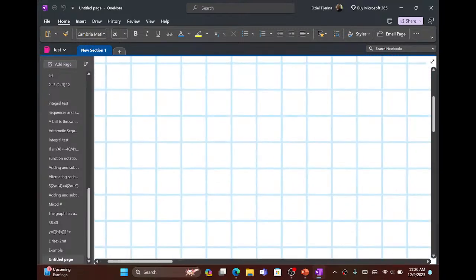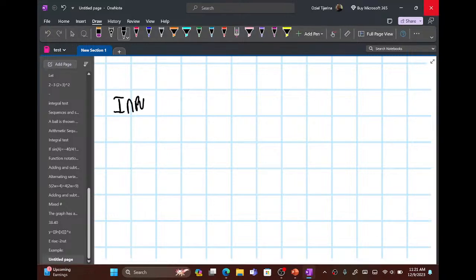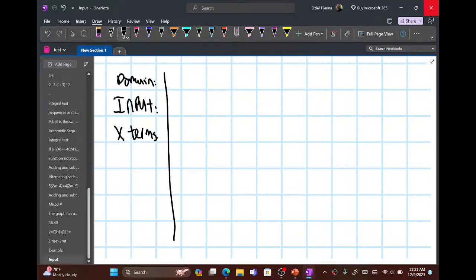In other words, I'm just gonna go ahead and define what input and output mean. So input is the x value. It's usually what we call the x terms. In other words, the domain. And then there's also the range. We call it the output. And we call those the y terms, or whatever the list of y terms there are in a function.